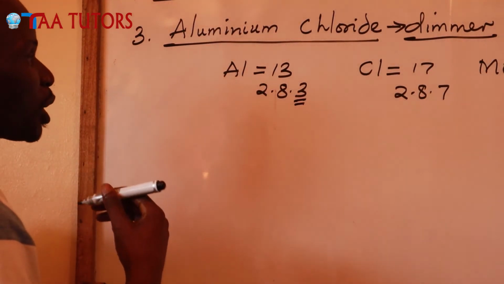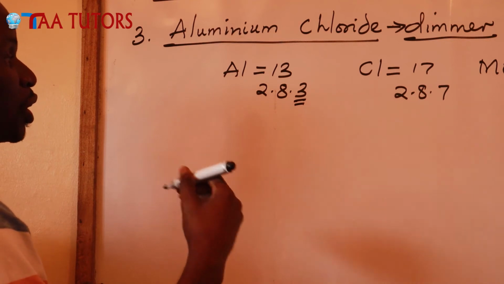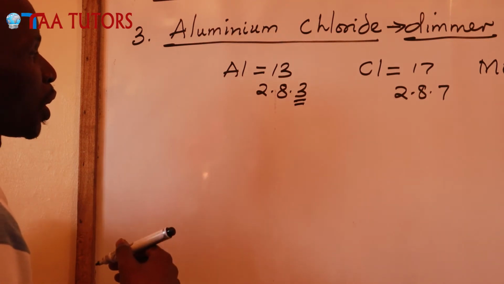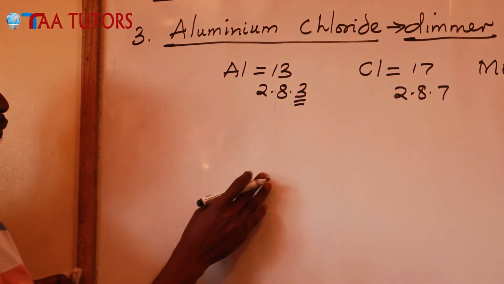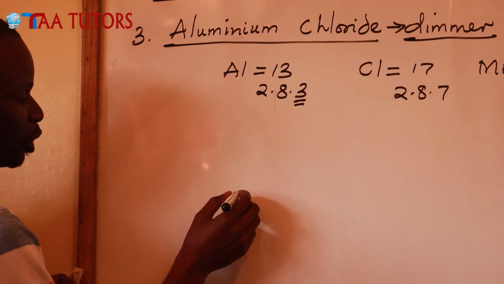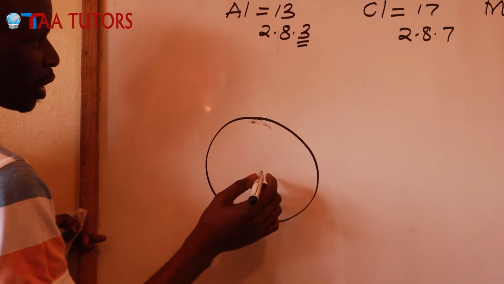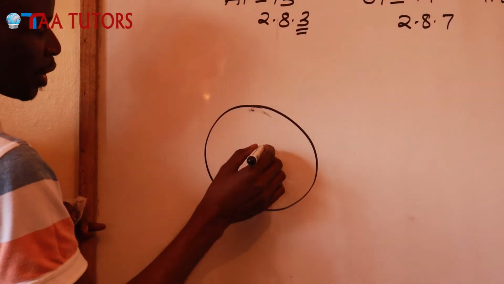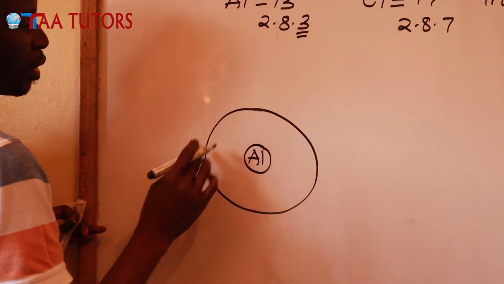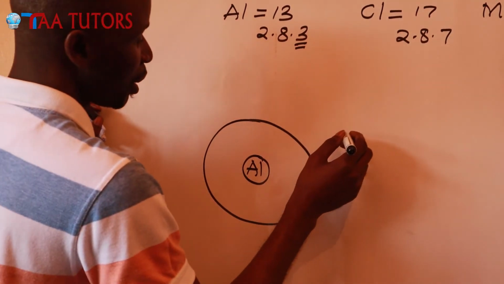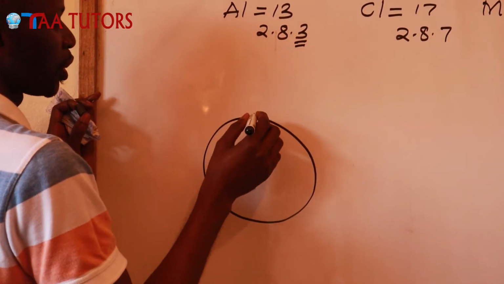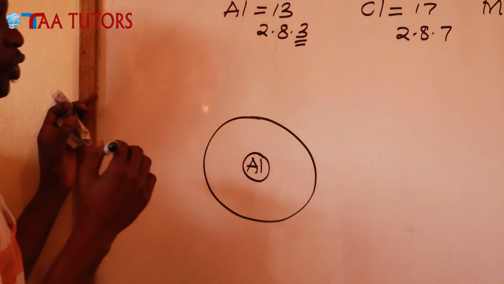We said that because aluminum chloride is not an ionic bond, we are not going to treat it as such. We are going to treat it as a covalent bond. So if we have aluminum here, and I'm drawing only the outer energy shell, Al, and we know that it has got 3 electrons in the outer energy shell.